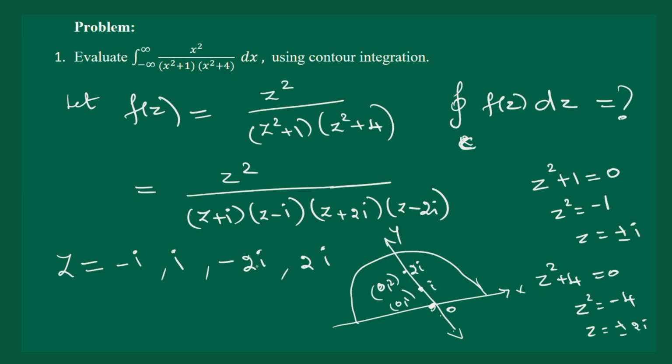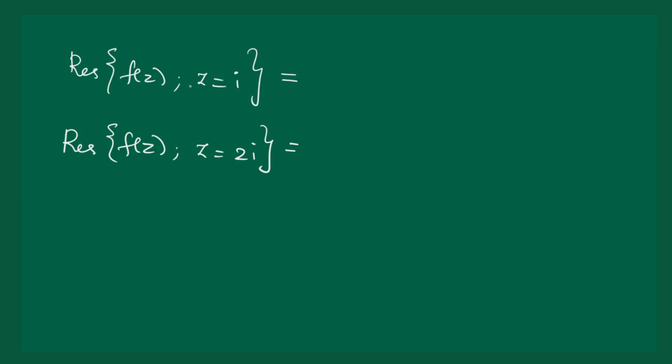So out of these 4 points, only z equal to I and 2I lie inside the semicircle C. So we have to find the residue only for these points I and 2I. Here we have to find the residue at z equal to I and at z equal to 2I. Both are simple poles.